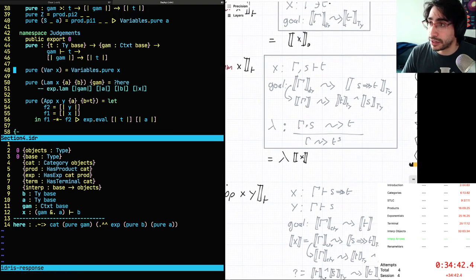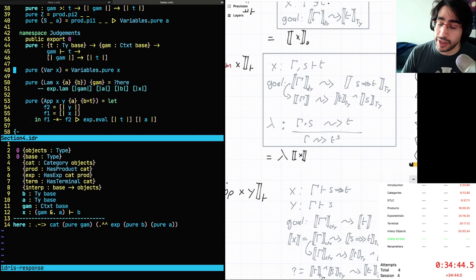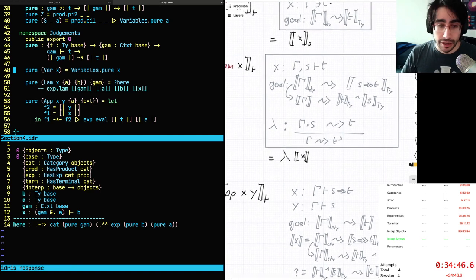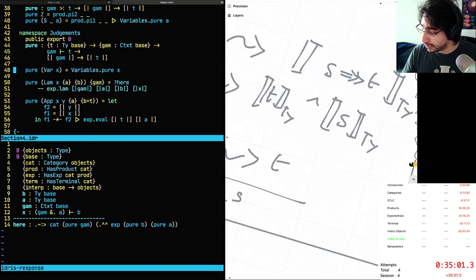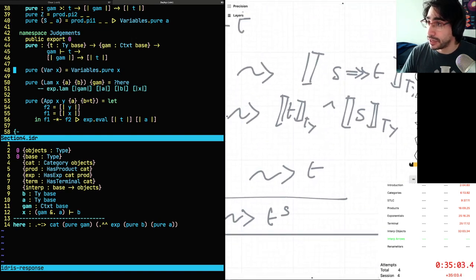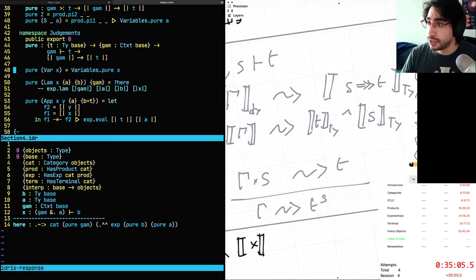I'll just have named S and A and B, S and T. It also means our goal now has changed, because our goal is something that goes from gamma to a function type, right? Remember, function types are interpreted as exponentials. This is what I have here, right? This function type is actually the exponential from t to s.